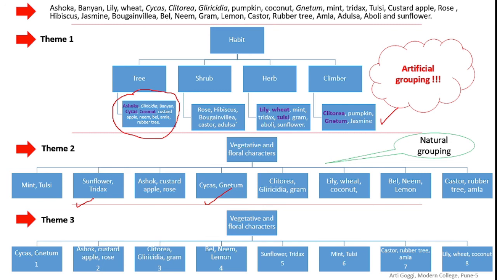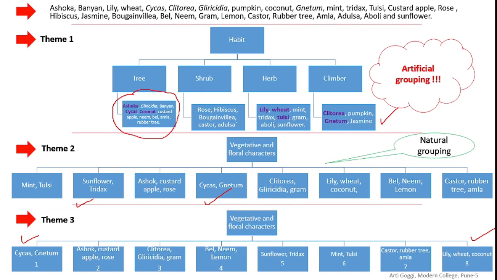Considering those assumptions, now I have reorganized these groups. That's why Cycas and Gnetum come at the first place, while monocots are at the last position. According to my assumptions, monocots are advanced in the evolution process.